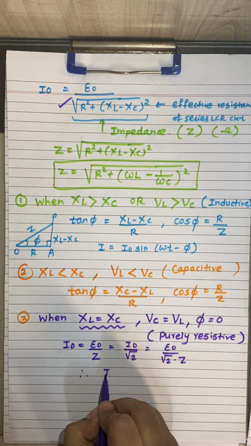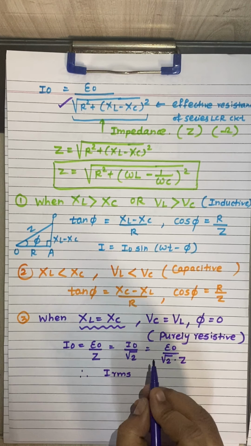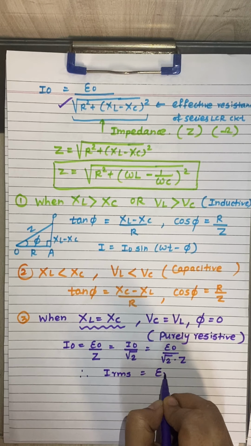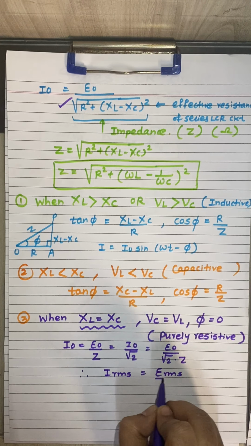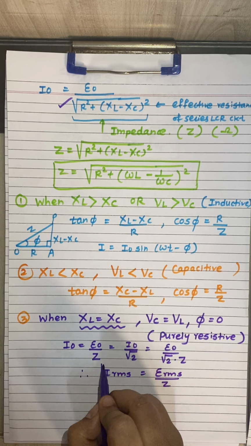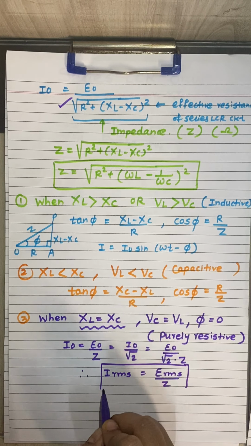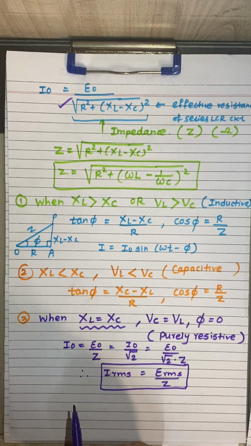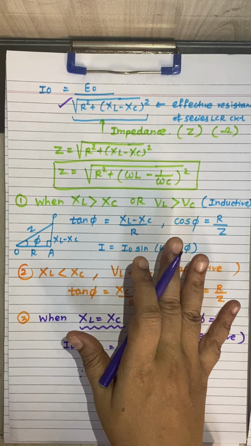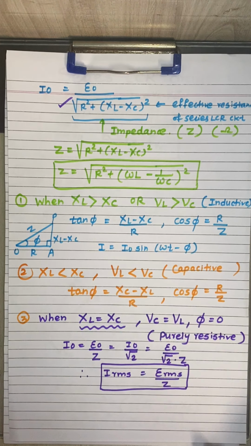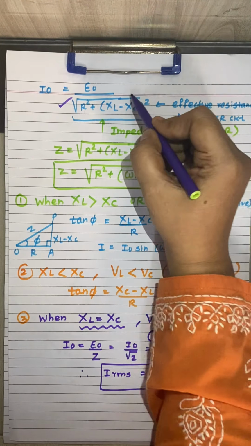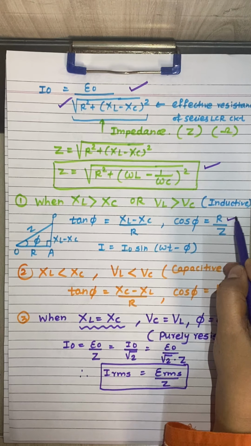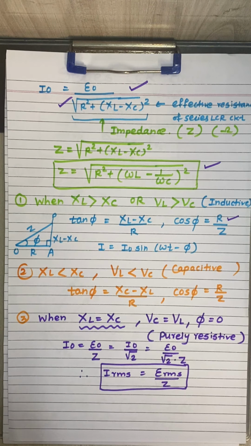Therefore I get IRMS equal to ERMS divided by Z. This complete derivation is important for the 5 mark question, and the numericals are based on these formulas, so you have to keep in mind all the formulas.